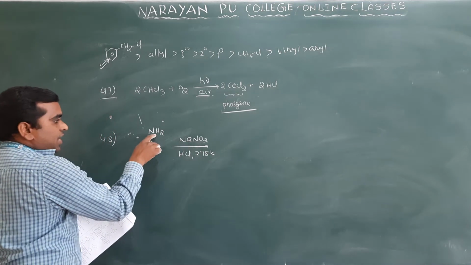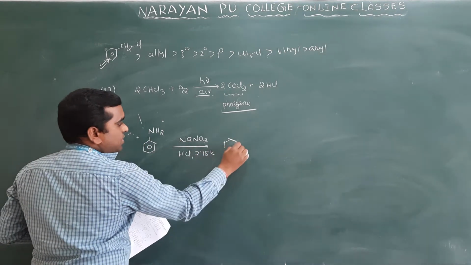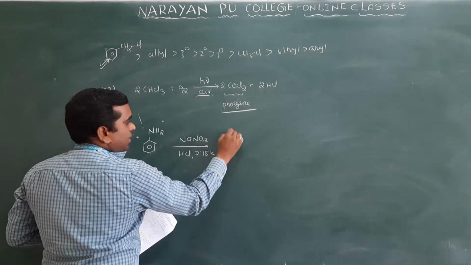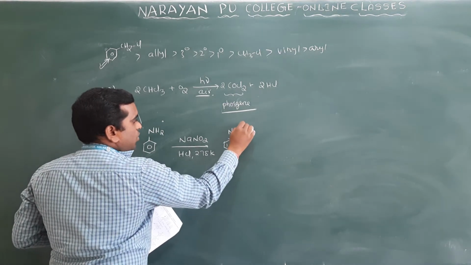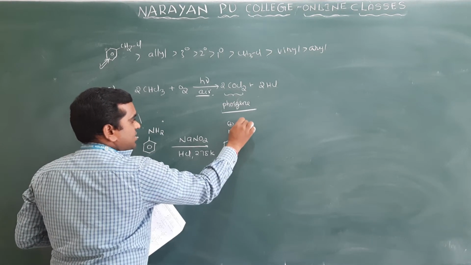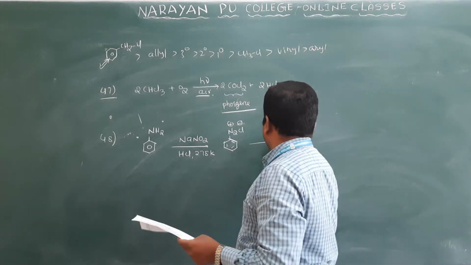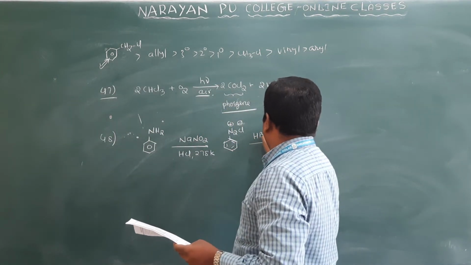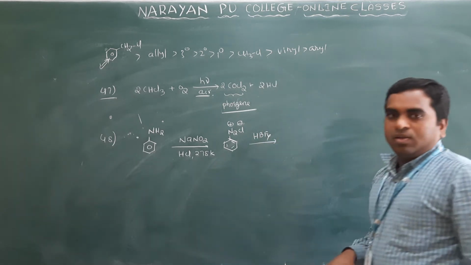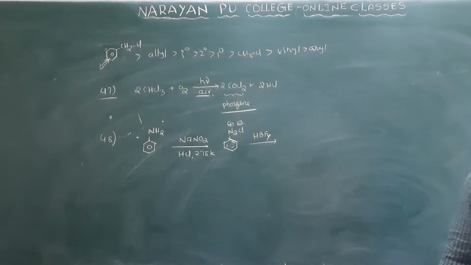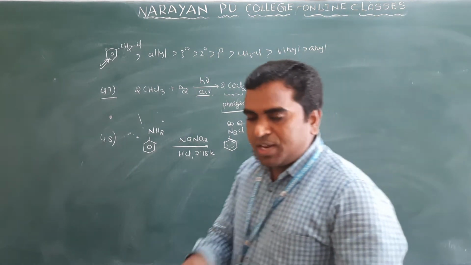Then aniline is converted into benzene diazonium chloride. This is the diazotization reaction I already mentioned. And it is treated with HBF4, fluoroboric acid. Clear? What is this reaction? I already mentioned.